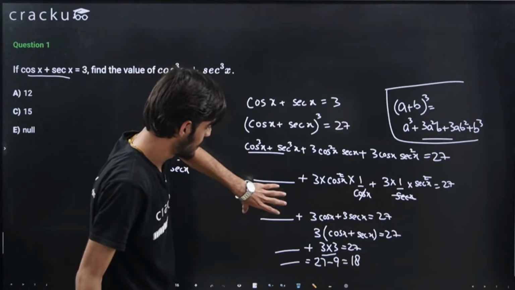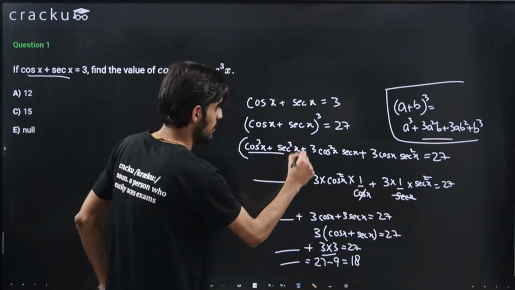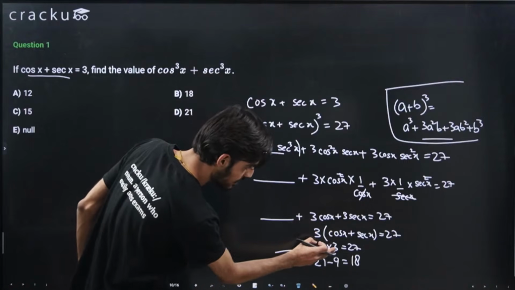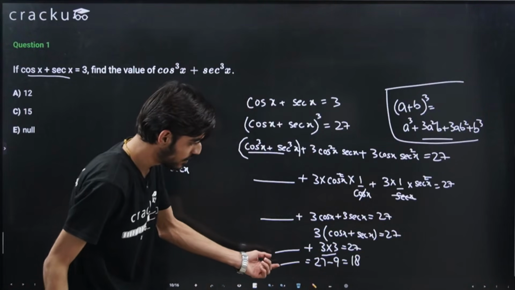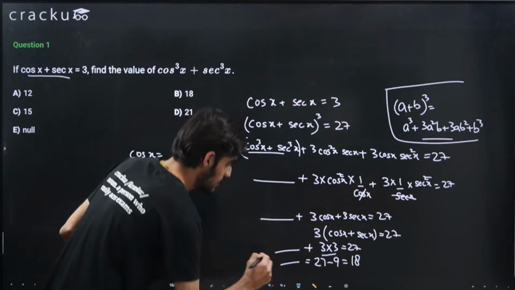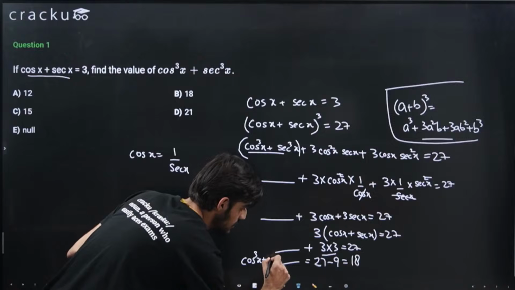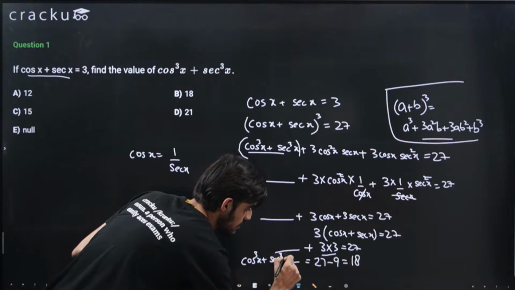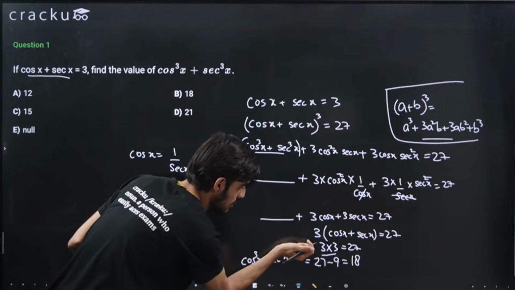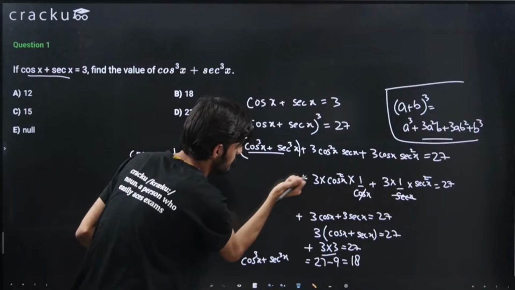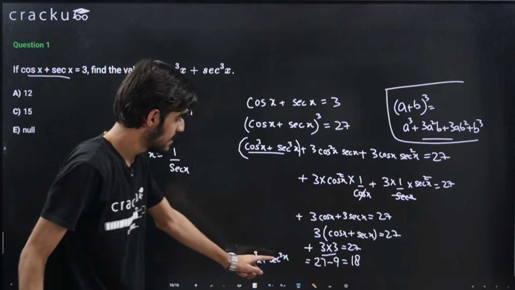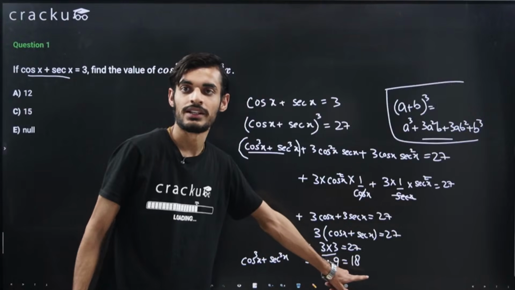Okay, because we needed the value of this particular term. So we took this term to the right hand side. Just for the reference, I am writing it here. So cos cube x plus sec cube x is equal to 27 minus 9, that is 18.